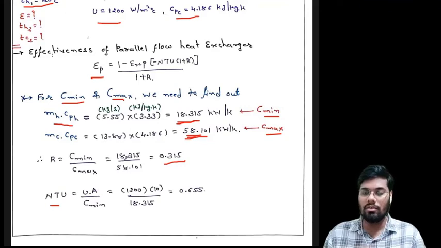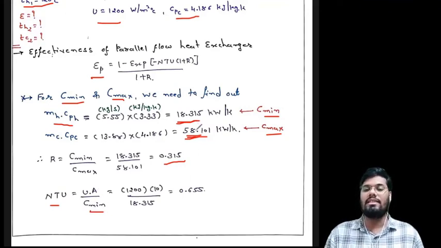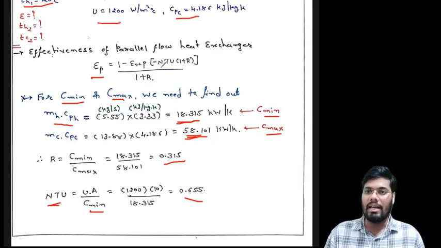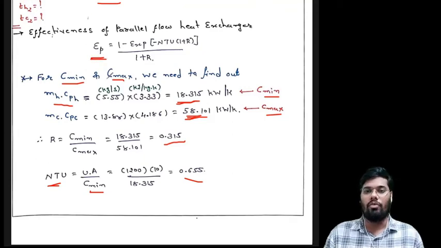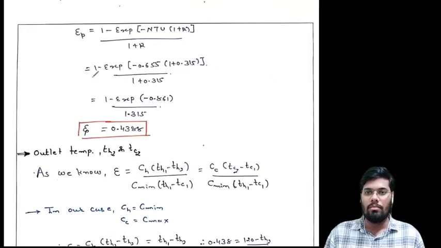Value of A is also given in question, and C minimum is the lowest value among CH and CC. So by putting all these 3 values we can easily find out the value of NTU. So now we know the value of R and NTU. So by putting R and NTU in this equation, we can find out the value of effectiveness for the parallel flow heat exchanger.